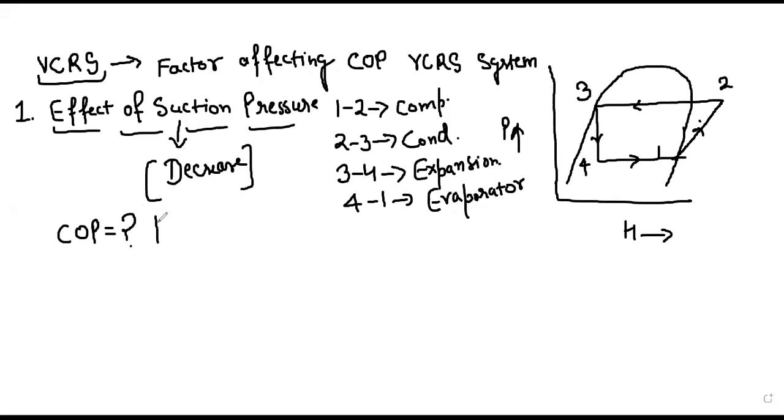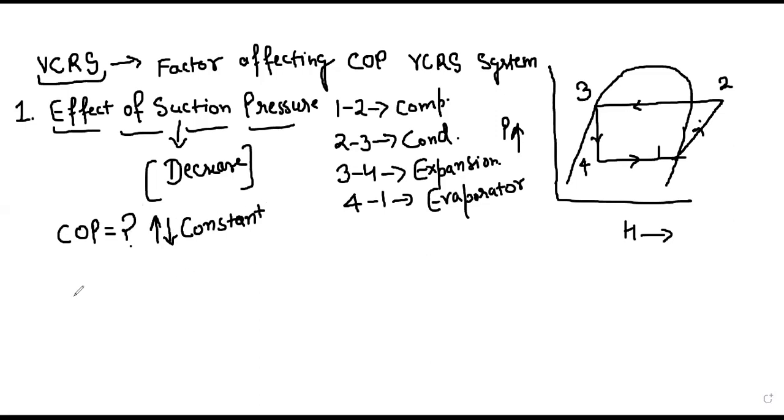It will increase, or it will decrease, or it will remain constant. That is the question he's asking. Now this is the ideal cycle that we have, 1, 2, 3, 4.